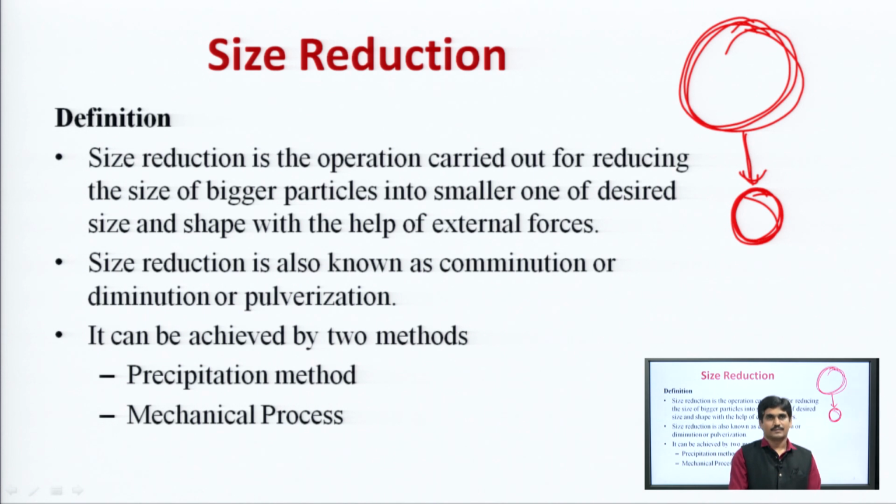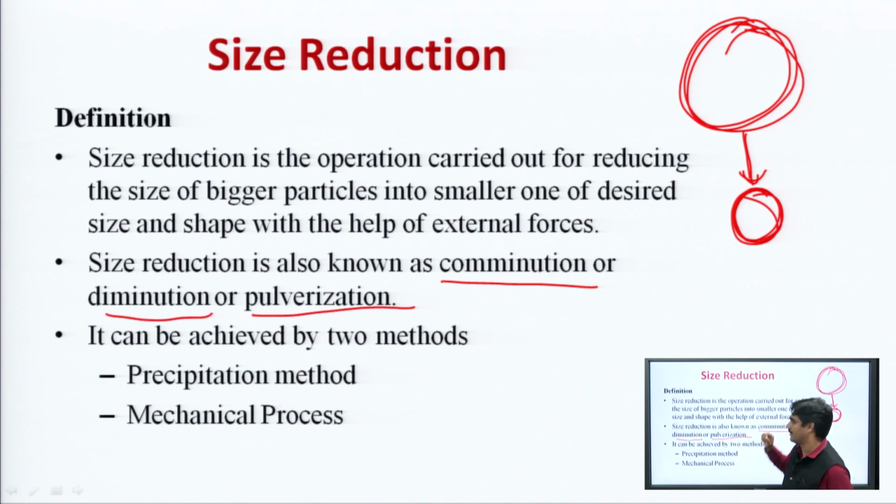So, this size reduction is also called as comminution or diminution or pulverization. These are the three terms which can be alternatively used for size reduction. It can be achieved by two methods, one is precipitation method and another one is mechanical process. So, in precipitation method, a solvent is used along with some solute materials which can be immersed into it, and after that a second solvent is added into that first solvent mixture.